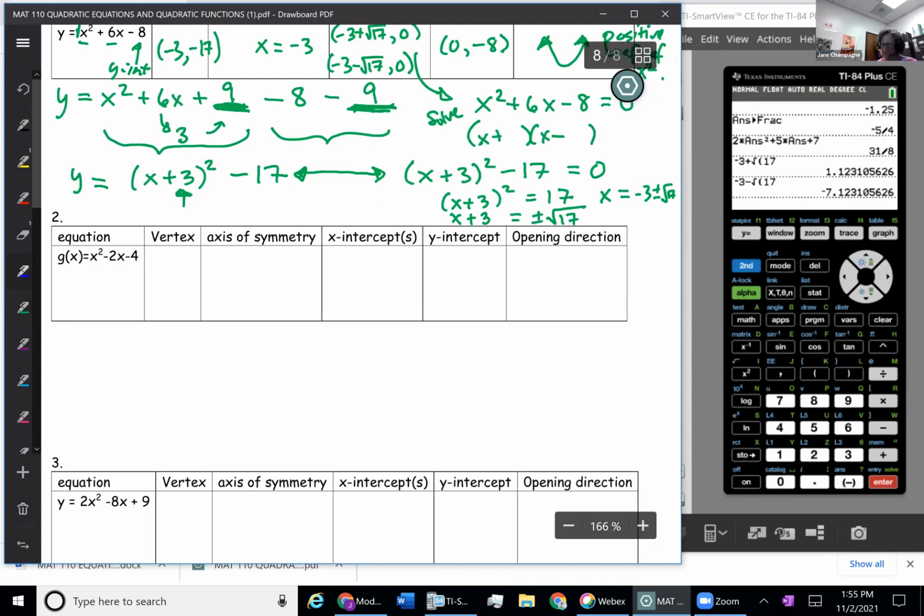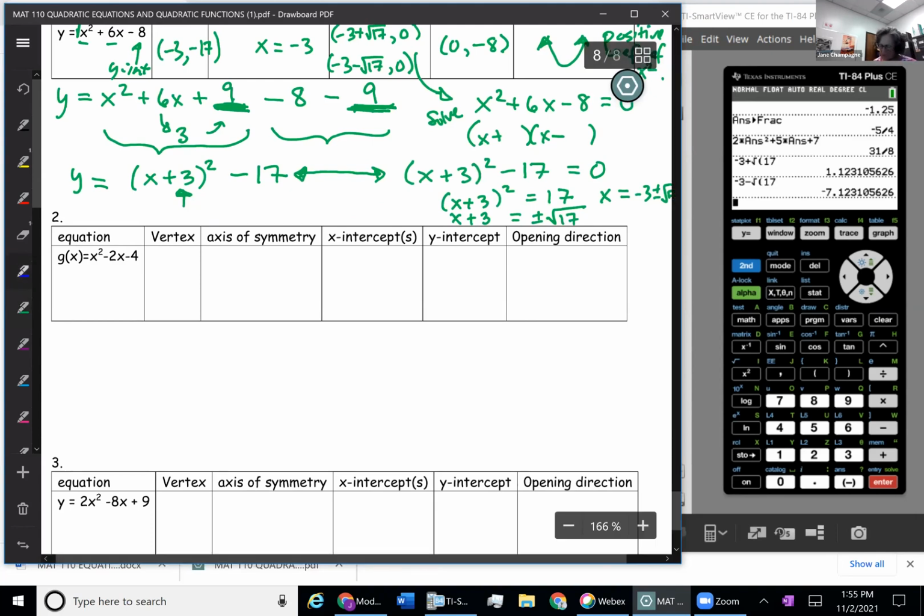Number 2, the vertex of this one. Again, it's easy to complete the square because the leading coefficient is 1 and the coefficient of x is even. That allows you to go plus blank, then write the constant, and then minus blank.